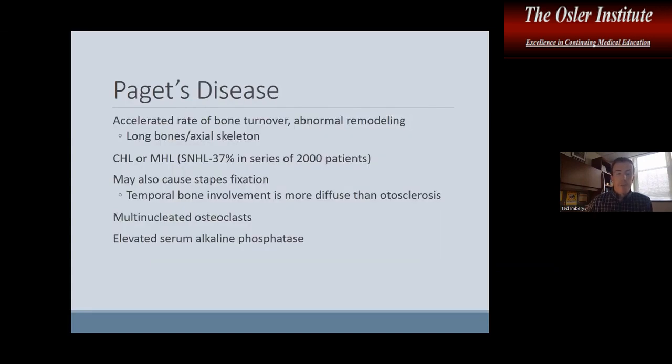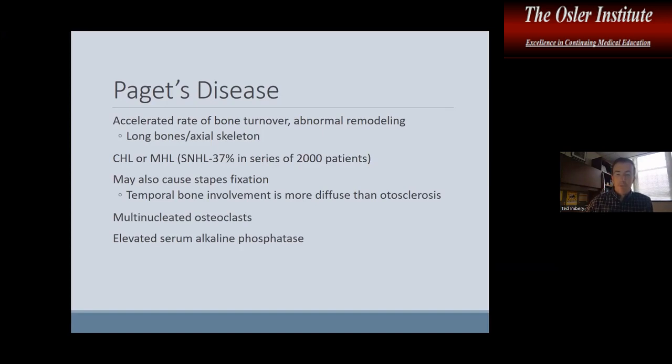Paget's disease. Paget's disease is a disease of abnormal bone turnover and remodeling, oftentimes most involving the long bones of the axial skeleton, but it can involve the middle ear and stapes. So these patients will typically have a conductive or mixed hearing loss, but sometimes it can be a pure sensorineural loss. And it can cause stapes fixation because of this abnormal bony remodeling.